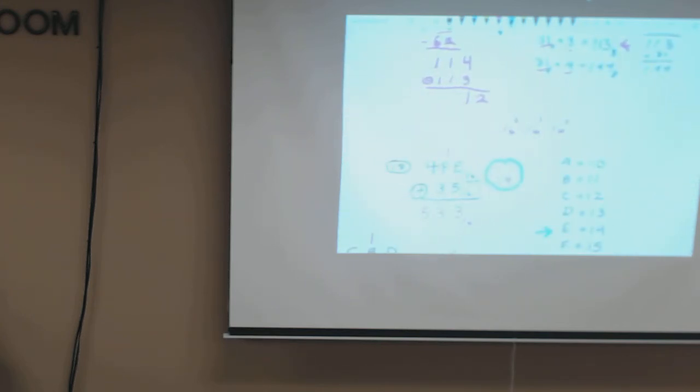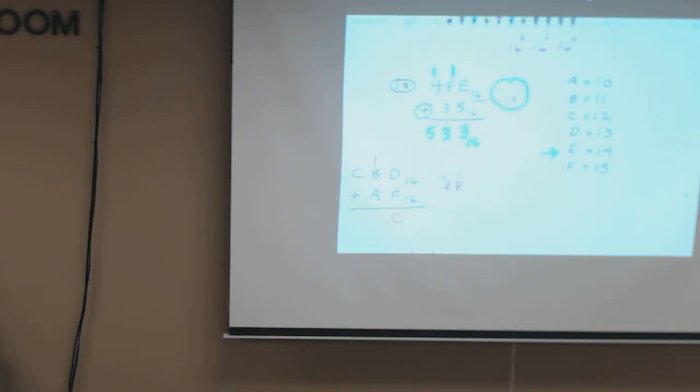So I put down the 3 and carry the 1. What's 3 and 1? 4 plus F. What's F? 15. That's 19 again. That's going to be 3 and carry a 1. What's 4 and 1? 5.